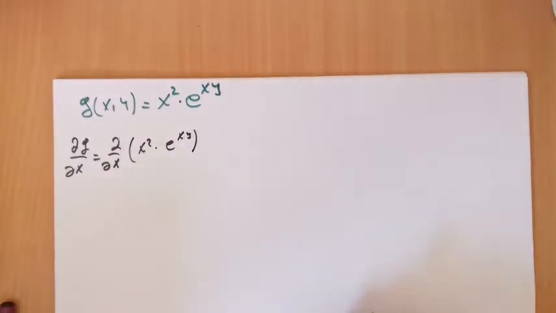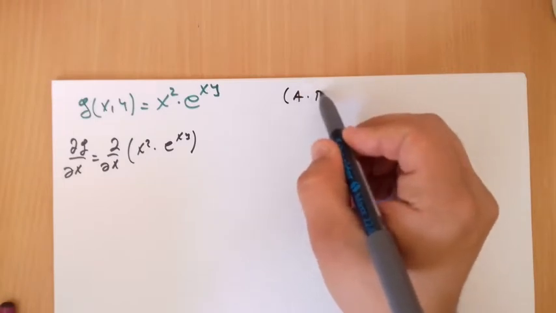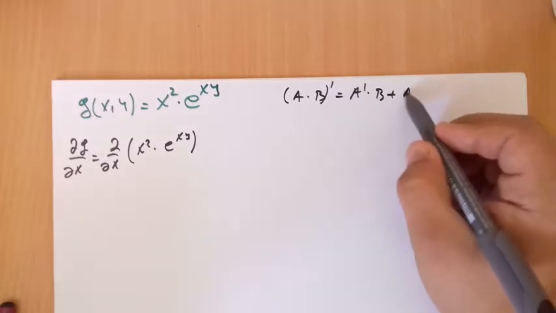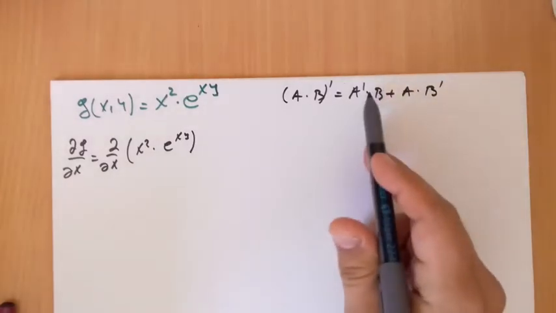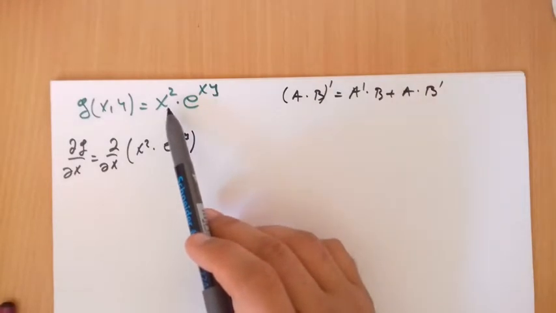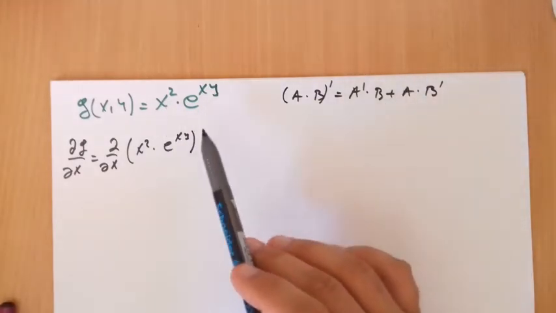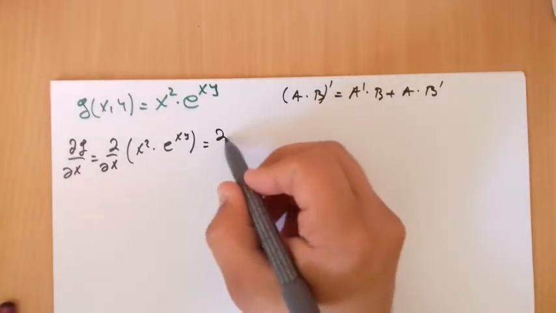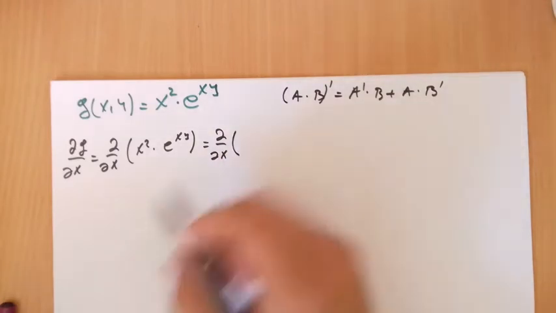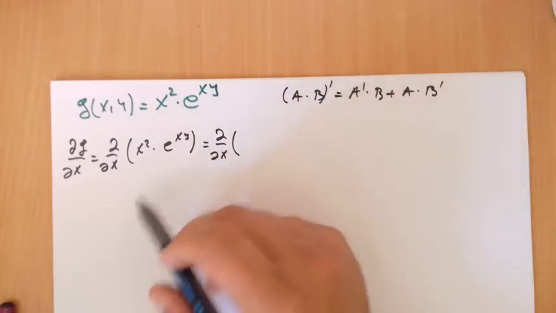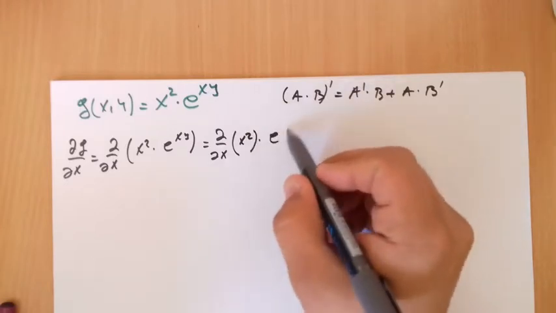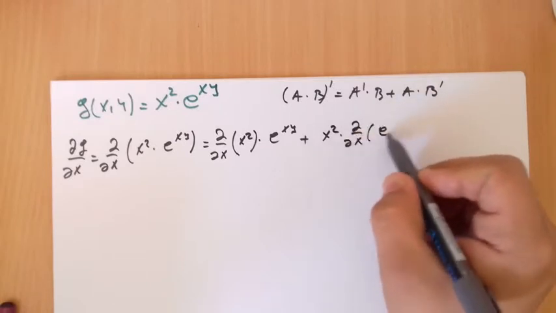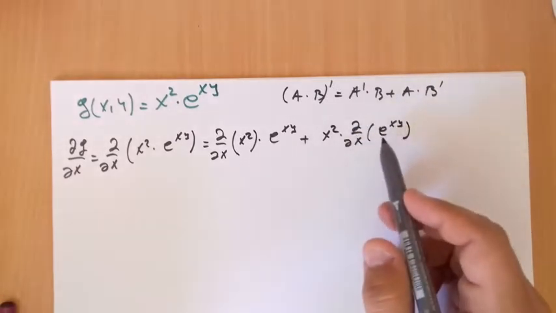So here we have to use the product rule, a times b derivative, which is a derivative times b plus a times b derivative, where a for us is x squared and b is e to the power xy. Now, partial of x of x squared times e to the xy plus x squared times partial of x of e to the power xy.